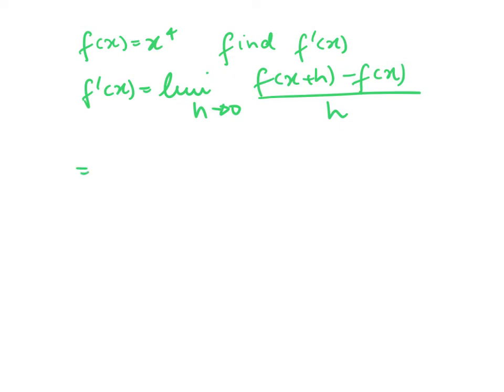Now, if you do remember from before, when you have a function f of x equal to x to the power of 4, and for example you choose x to be equal to 1, so let's say f of 1, what you did before is every time you see x, this x will be replaced with 1.